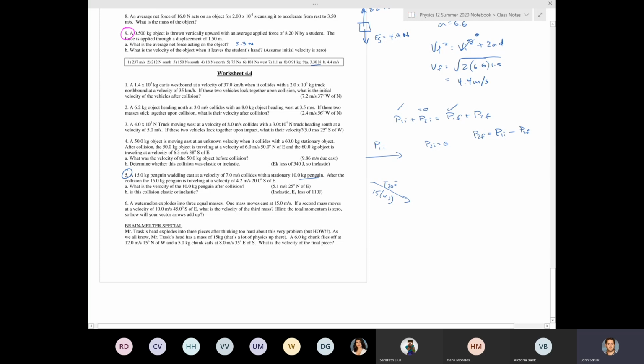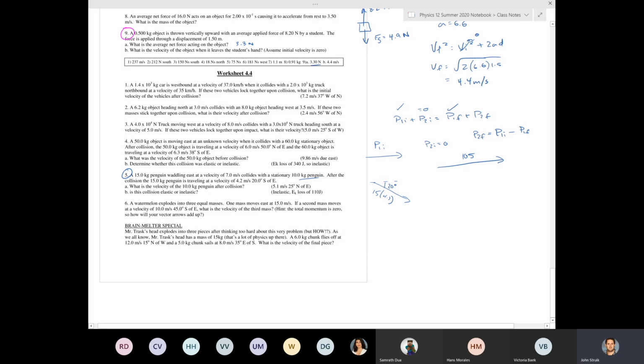Okay, so if we're doing that, we're going to go P1I, which is 15 times 7, 105. And then plus negative P1F.